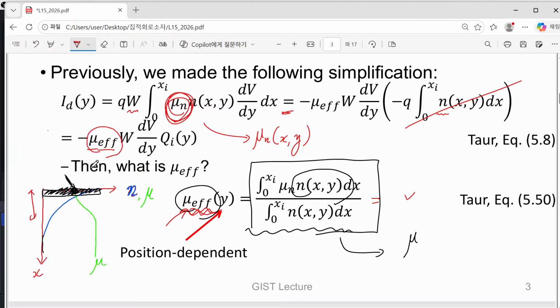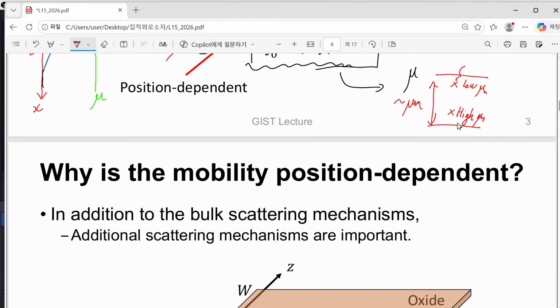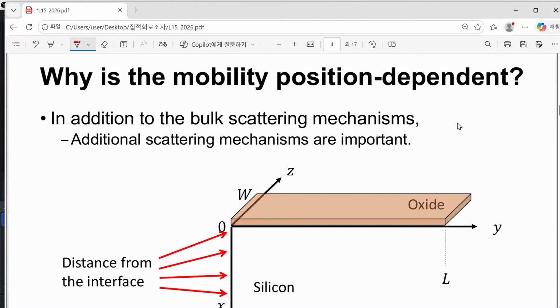It means that if we have a certain device, several micrometers thick, then at this point we have a relatively low mobility, and in this part we have a relatively high mobility for our electrons. Position dependency. Who makes this position dependency? Who decided this position should be regarded as a low mobility part, and another part as a relatively high mobility part? So the question is why mobility is position dependent.